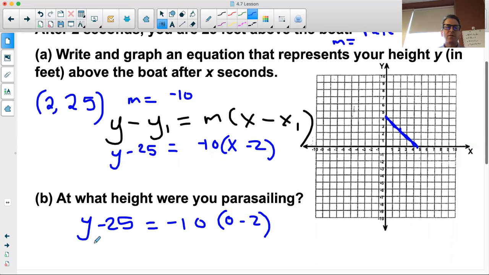Okay, so y minus 25 is equal to negative 10 times the negative 2, which is 20.